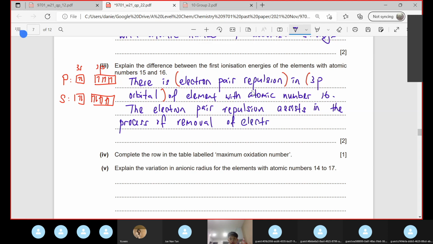You can also write down assist in first ionization process or ionization process, no problem. Then thus less energy is required. Personally, I think this would be a more complete answer for you as a student in answering the question.